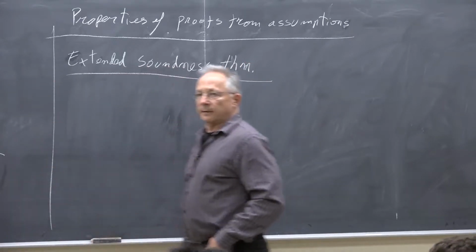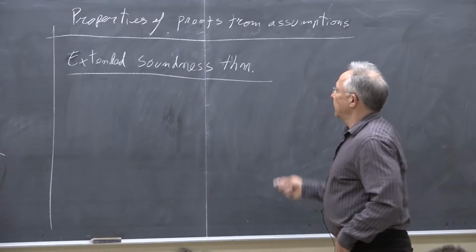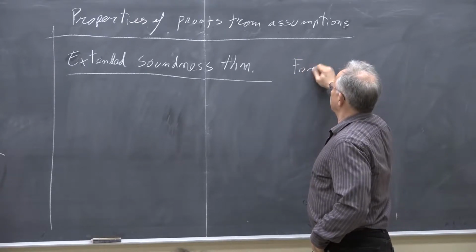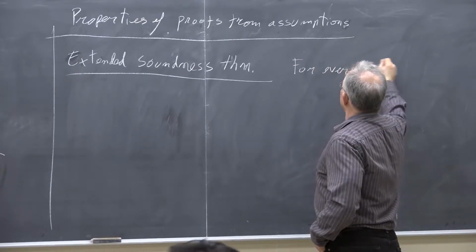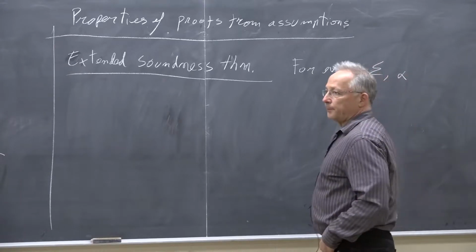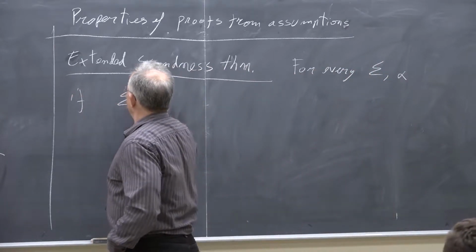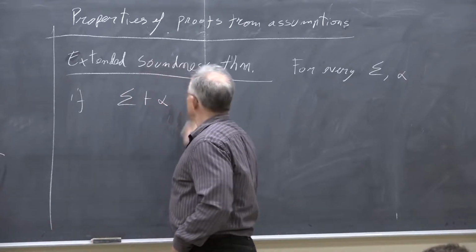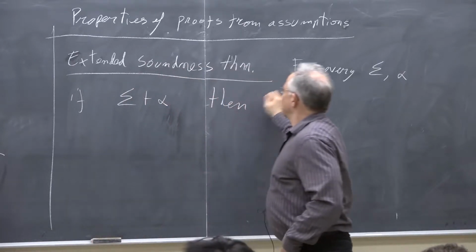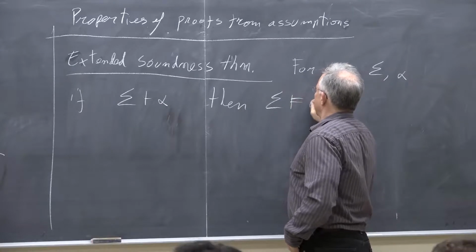So what is the extended soundness theorem? I claim that for every sigma and alpha, if sigma formally proves alpha, then sigma logically implies alpha.